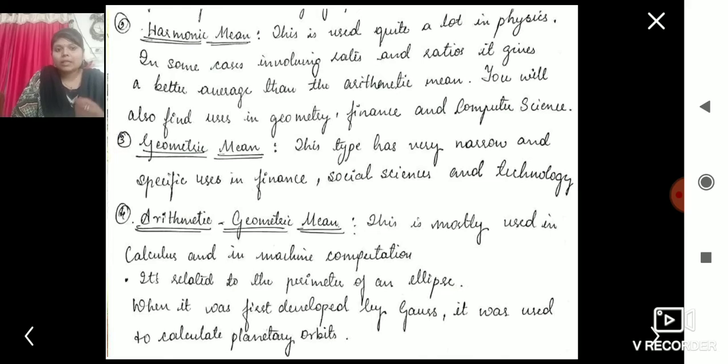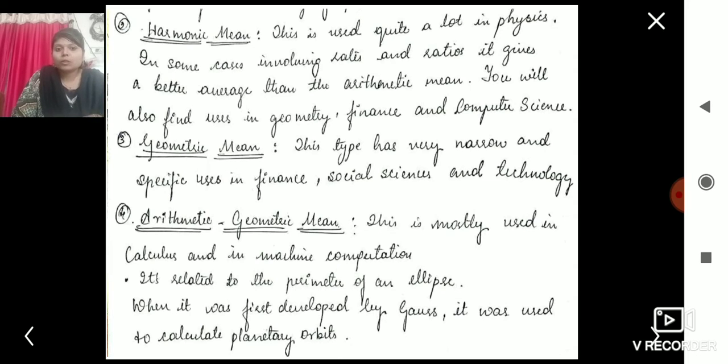Geometric mean has very narrow and specific uses in finance, social sciences, and technology. Arithmetic geometric mean is mostly used in calculus and in machine computations.